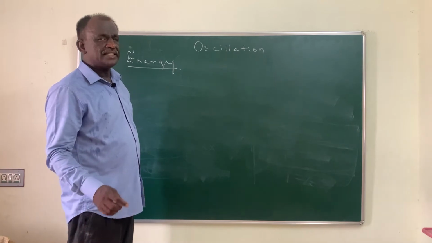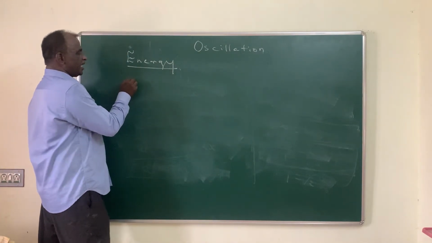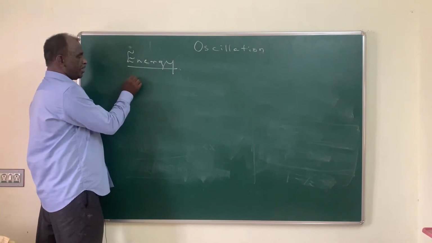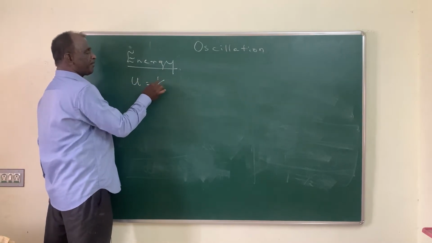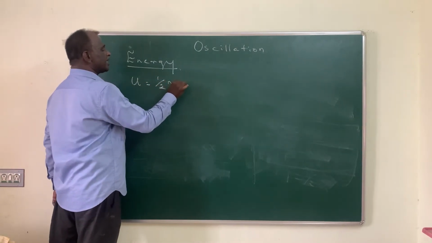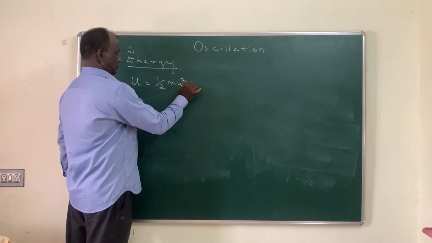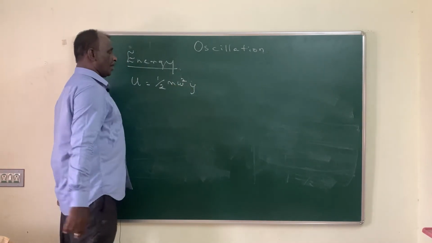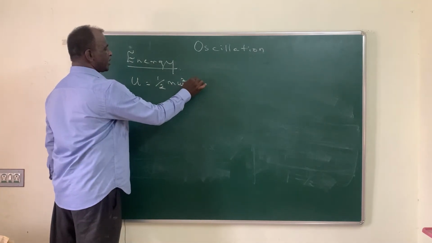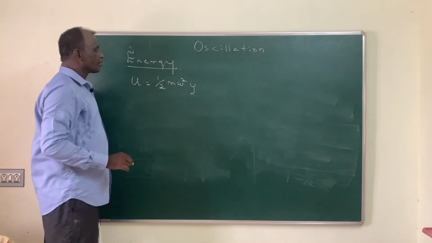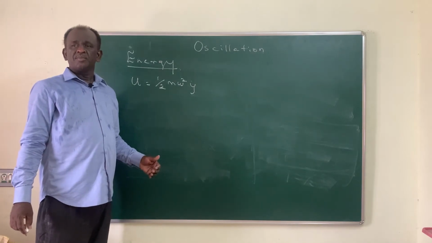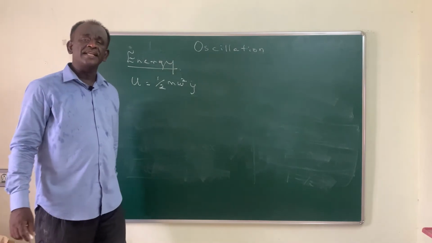The potential energy is given by U equal to half into m omega square y square.